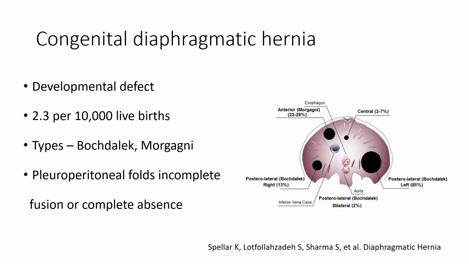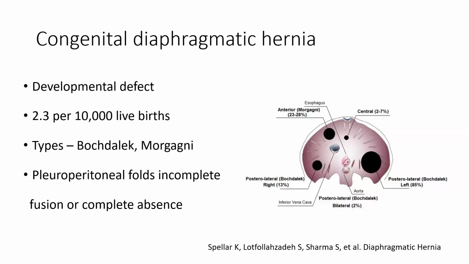More than 85% occur on the left side as a posterolateral defect, classically referred to as the Bochdalek defect, and right-sided defects and anterior defects or Morgagni type defects occur with less frequency.